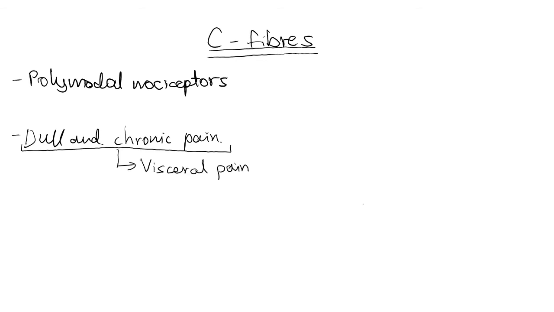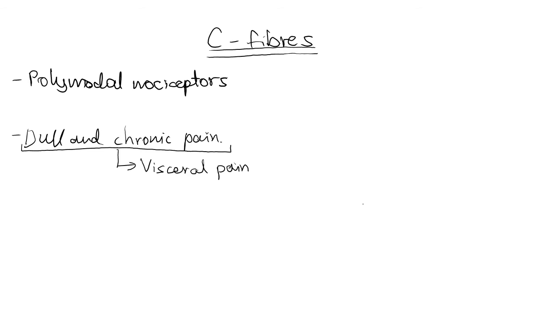So in that case, visceral pain is quite broad in its spectrum, and therefore it is not able to be appropriately localized by the body, and there's a good reason for that. And this reason is what I'll go through in the next slide.